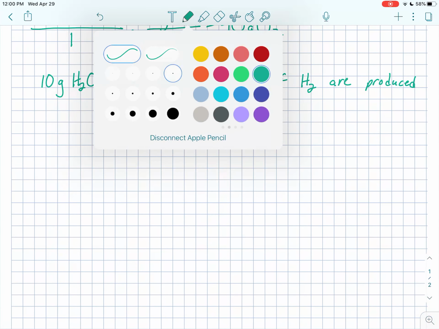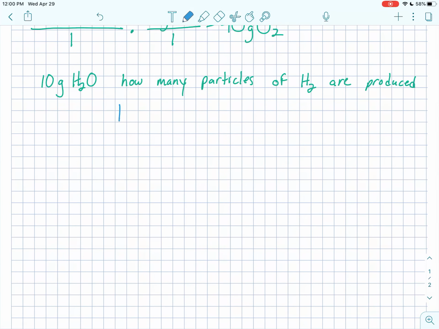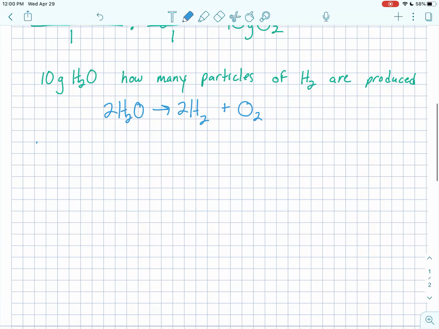So in this case, we're going to do the reverse. We're going to go from water, and we're going to do a decomposition reaction. I still need to balance it so that I have my ratios. And so now I'm going to start with my 10 grams of water.